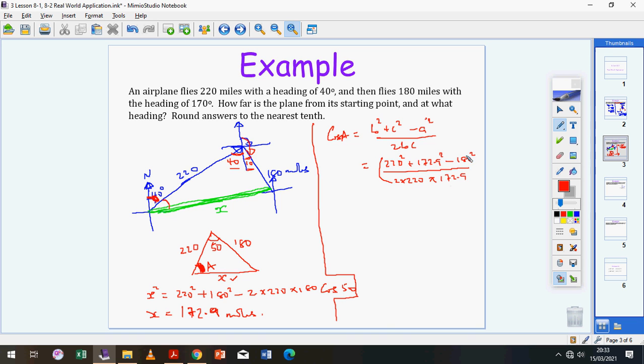So I put that in a calculator and find its inverse cosine, and that's what will equal A. So inverse cosine, let's go. 220 squared plus 172.9 squared minus 180 squared, divided by 2 times 220 times 172.9.